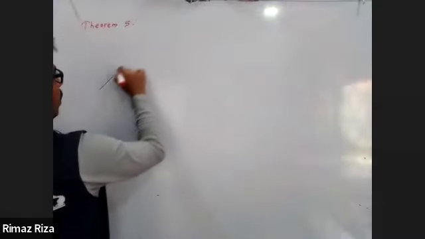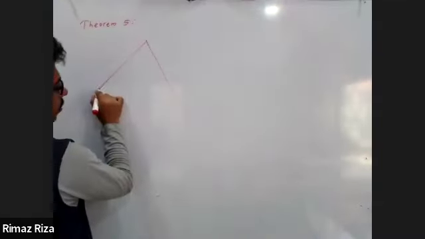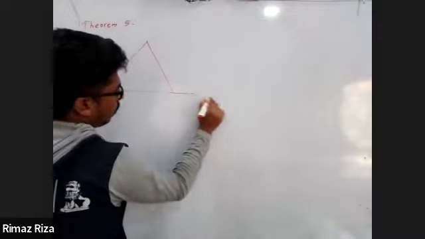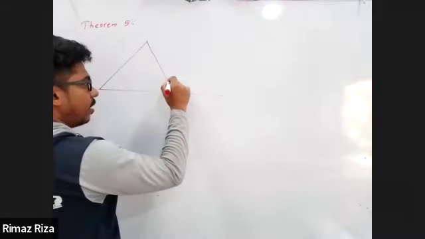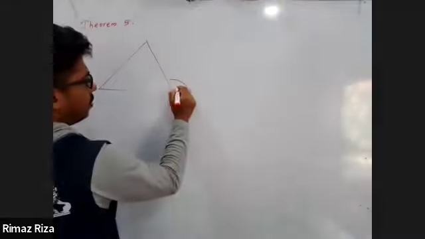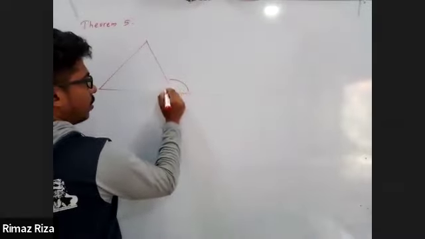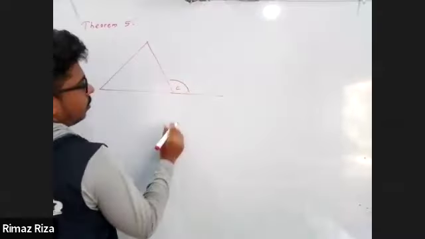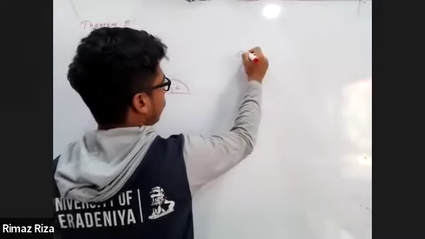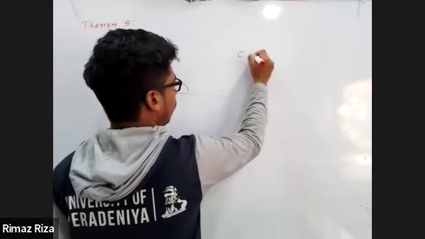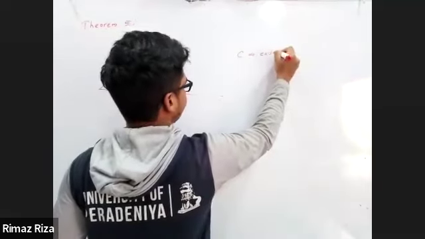Okay, so we have a triangle like this. And if we extend one of the sides, we call this the exterior angle. Let's say this is C. So C is the exterior angle.